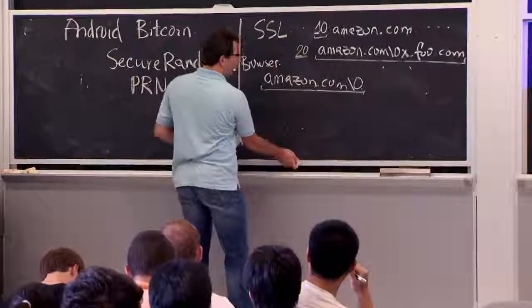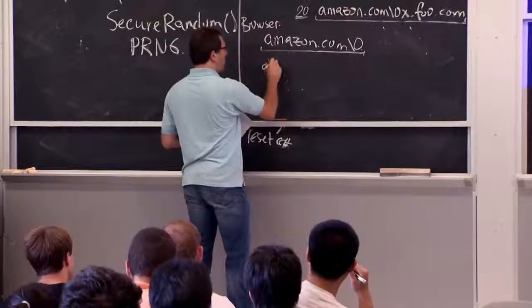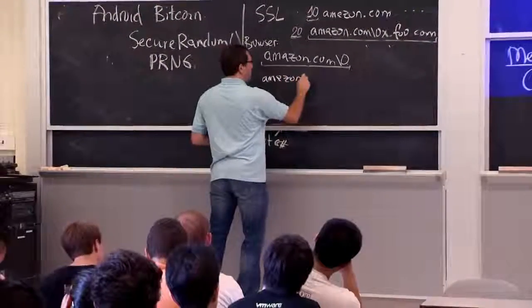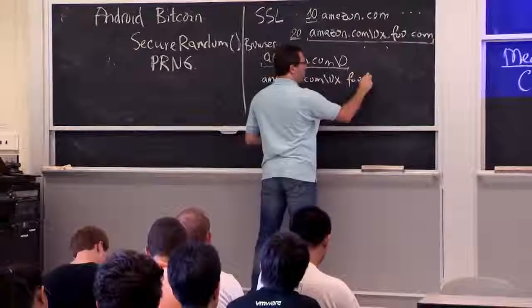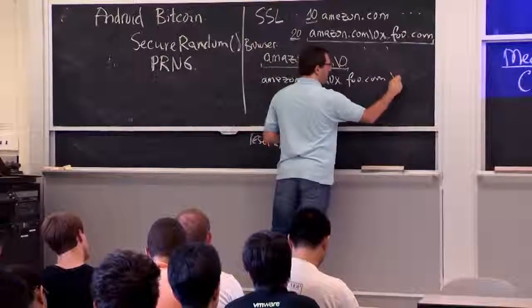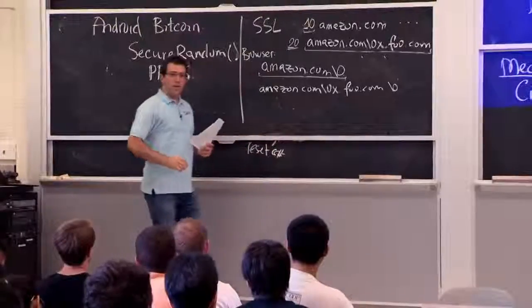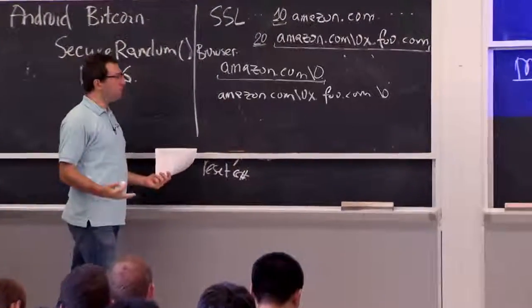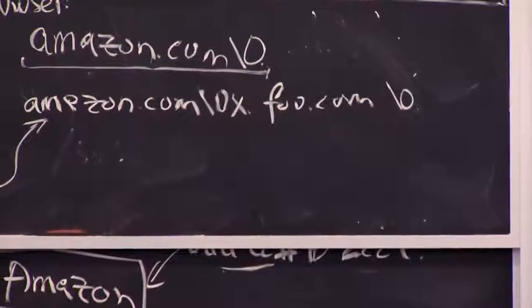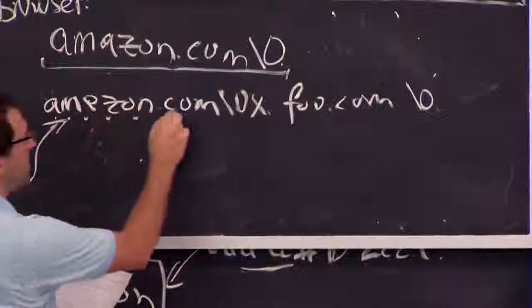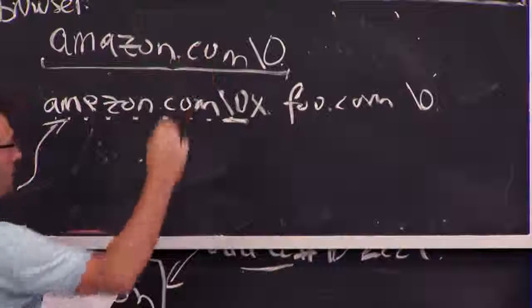is the same thing it did here. It copies the string, Amazon.com\0x.foo.com. It'll dutifully add the terminating 0 at the end. But then when the rest of the browser software goes and tries to interpret the string at this memory location, it'll keep going up until it gets to the 0 and say, OK, that's the end of the string.